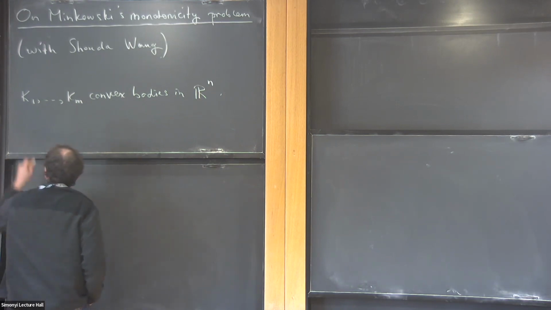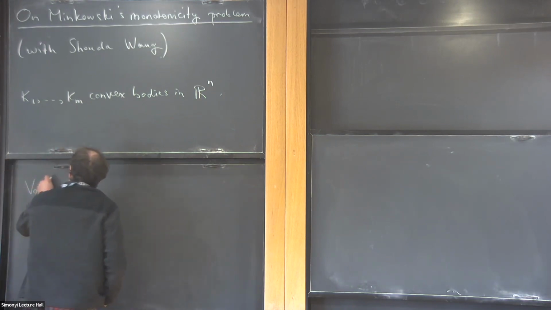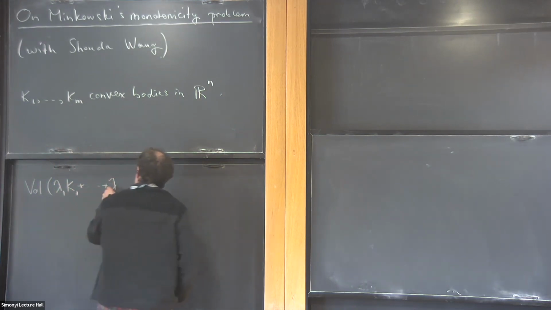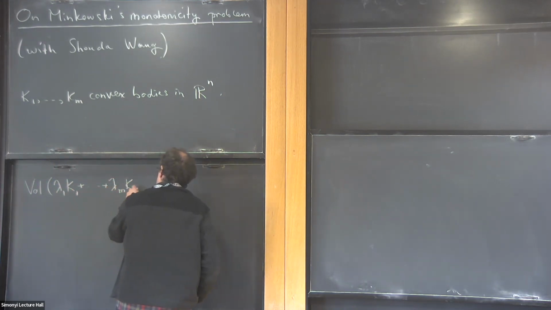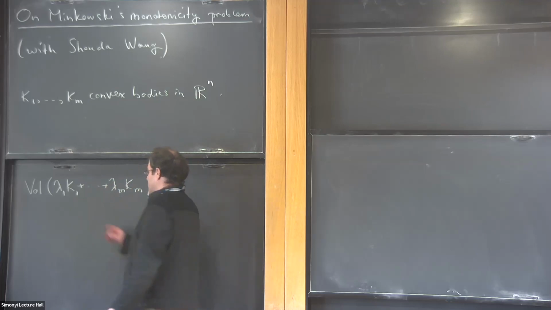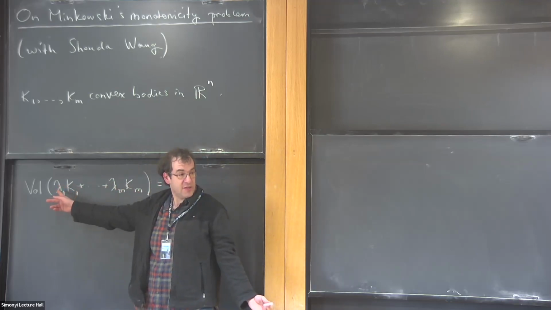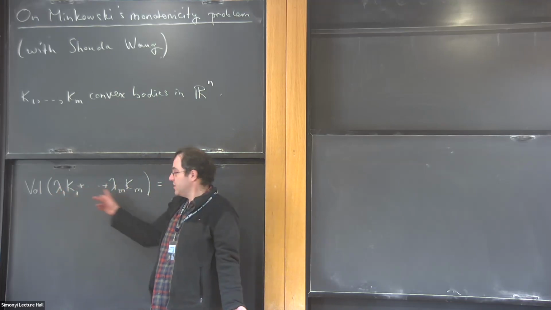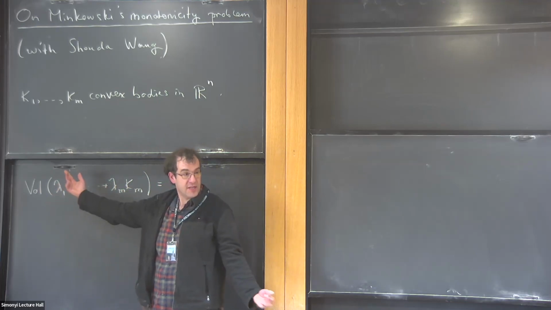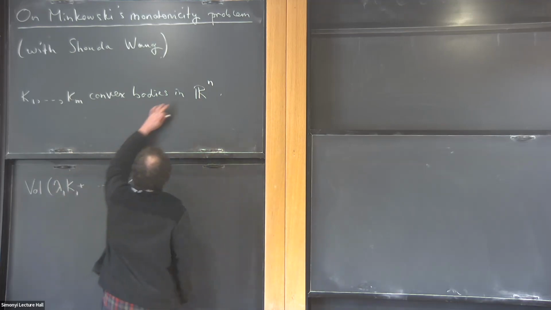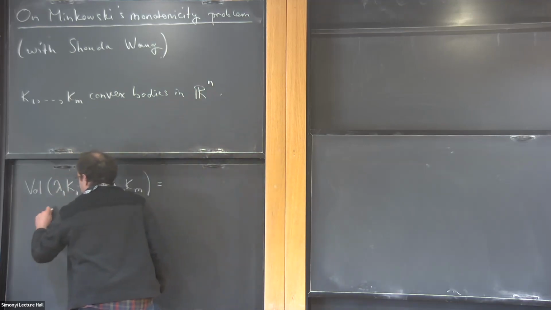If I take the volume of a linear combination of convex bodies, it just means I take one point from each of the bodies and I take their linear combination with fixed coefficients lambda 1 through lambda m. These are non-negative coefficients. I take the set of all of those. It actually is a polynomial of degree n. n is the dimension. It's a homogeneous polynomial of degree n.